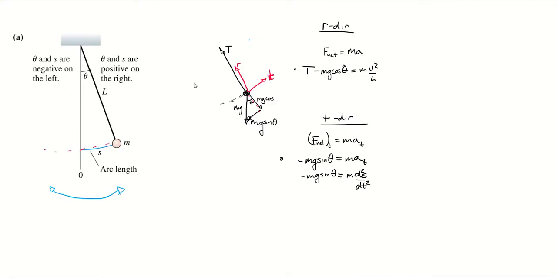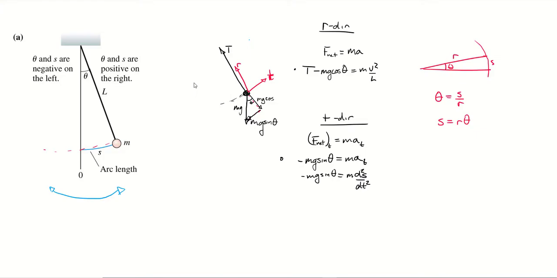Now, we can think about how we describe angles in terms of radians. If I have some arc length s and I'm at some radius r, these are related: theta in radians is equal to s divided by r, or s is equal to r theta.